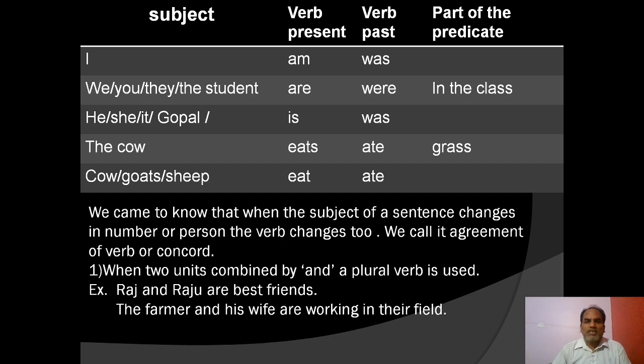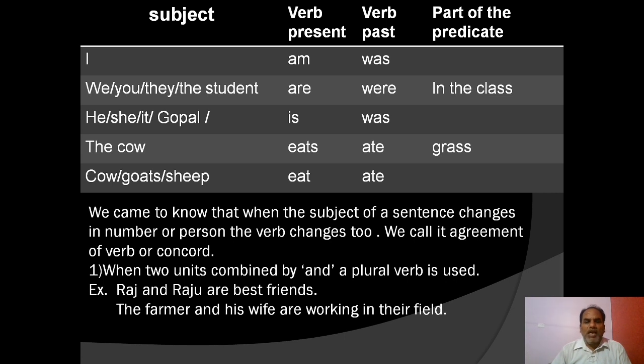The cow eats grass. The cow ate grass. In present, the verb ends with s because here the subject is third person singular number. And cows, goats, sheep eat grass. So we came to know that when the subject of a sentence changes in number or person, the verb changes too.